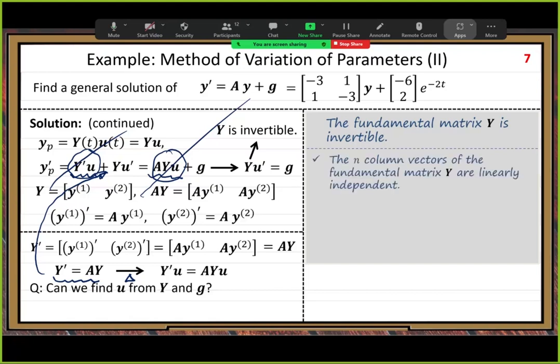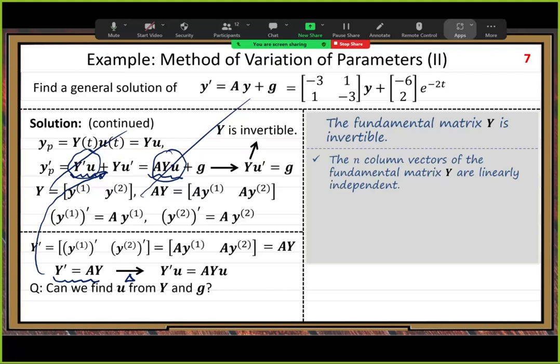So the fundamental matrix Y is invertible. Here I review. At the beginning of this class, I spent almost half an hour to explain that whole slide. One of the main points is Y is invertible.